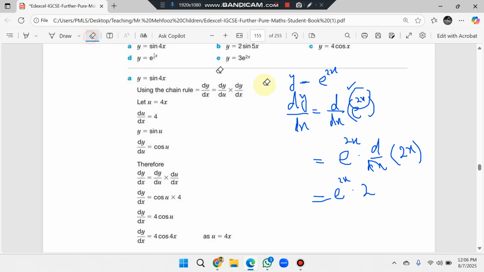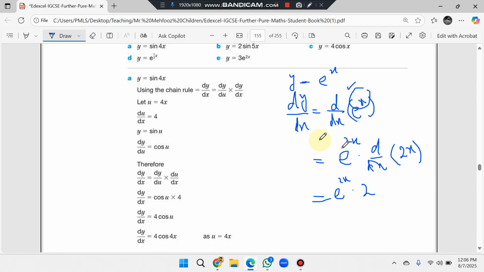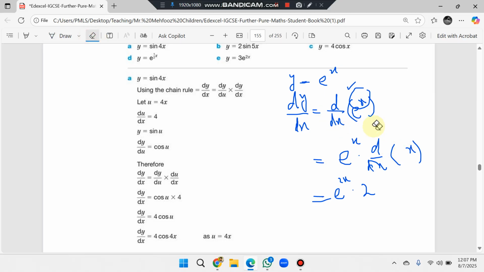Once again I'll explain: if you have just simple e raised to the power x, then the derivative of e raised to the power x is e raised to the power x as it is, and next is the derivative of the variable used in this function.